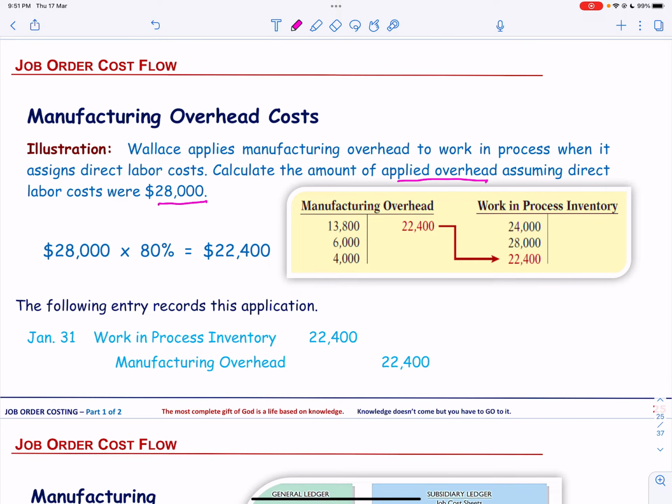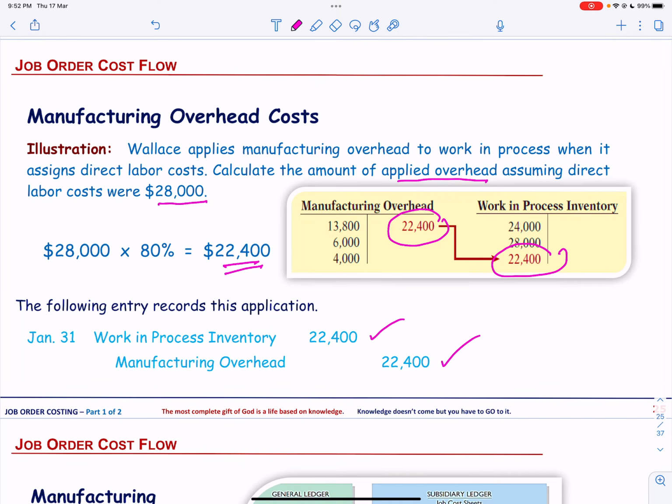So 28,000 times 80% gives us 22,400, and this entry reduces the balance in manufacturing overhead by 22,400 and increases the work in process inventory by the same amount. The journal entry will be work in process inventory debit and manufacturing overhead credit.